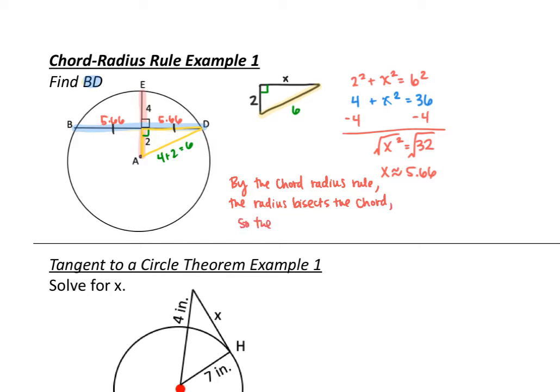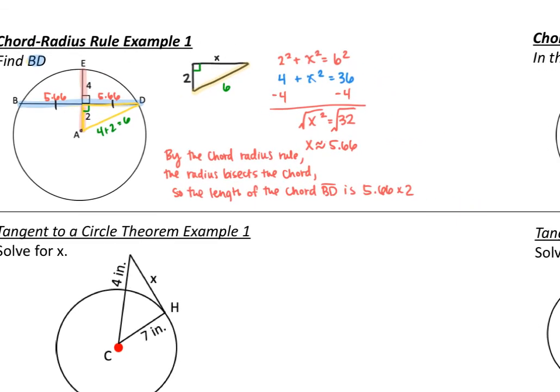So the length of the chord BD is 5.66 times 2, which is 11.32. And there's my answer.